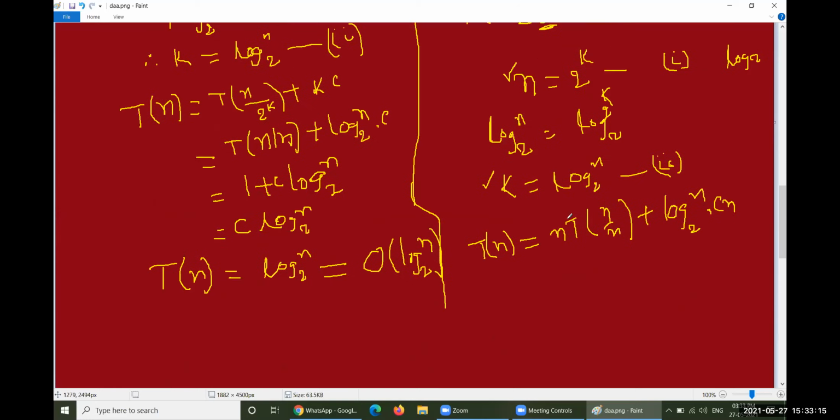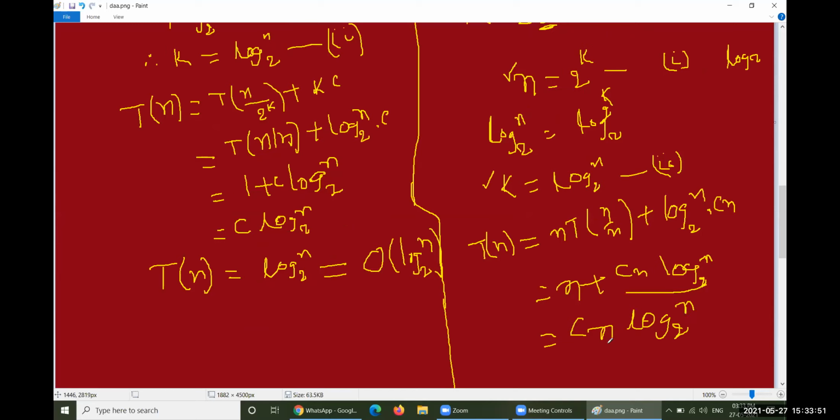Then elaborate it. T of n by n, equal to 1. Since it is 1, that could be equal to n plus cn into log base 2 of n. Now, when compared to this particular term, this value n is negligible, so it could be eliminated. n is a very, very small value, so it is eliminated, and then you get c into n log base 2 of n.